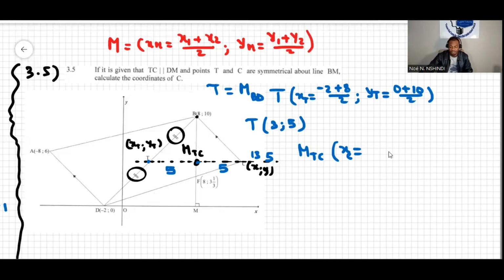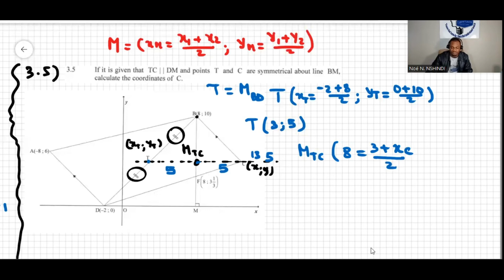Or you can also check it by using the midpoint formula. XM is already given, it's 8. So 8 equals 3 plus xc, all over 2.